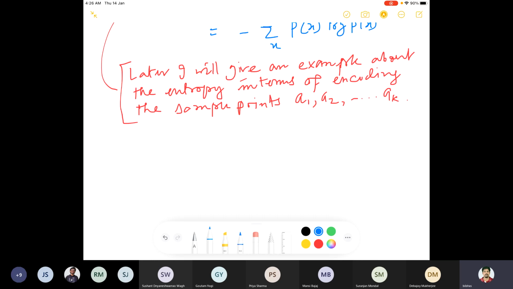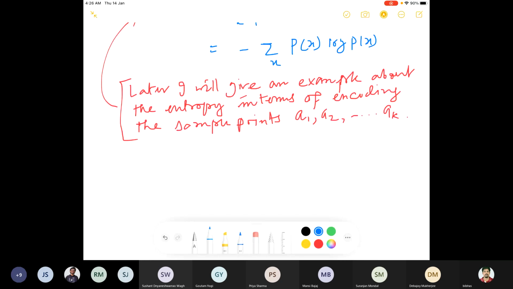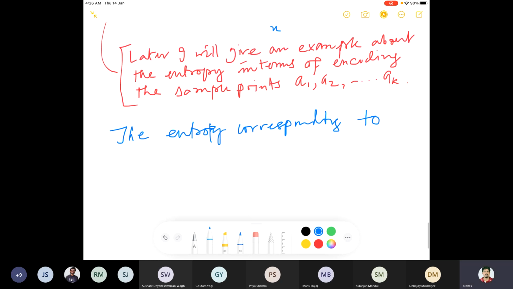So let us say the average information. Since we have conditional things, let's say the entropy corresponding to conditional self information.